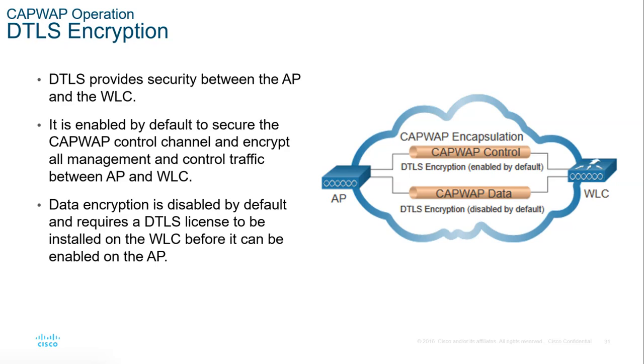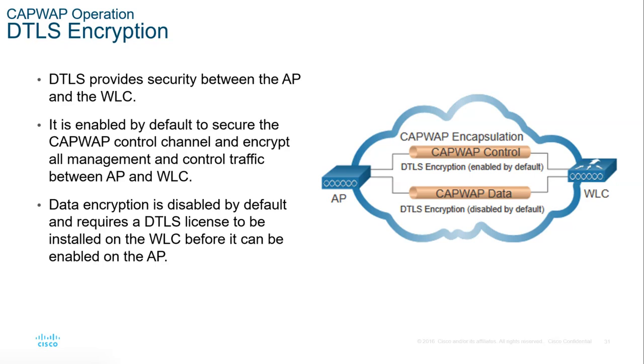Datagram Transport Layer Security provides security between the AP and the controller. It is enabled by default to secure the CAPWAP control channel and encrypts all management and control traffic between the controller and the AP.